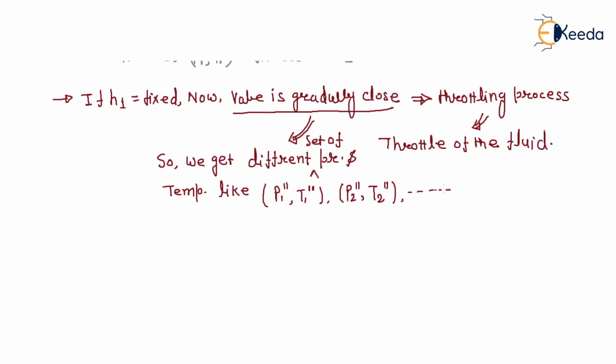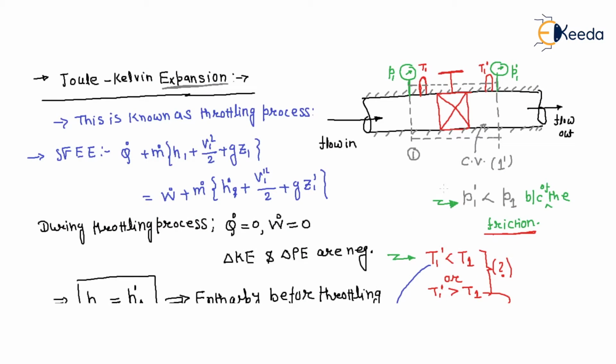So different sets. What have you done? You are flowing the fluid, you measure P1 and T1, and corresponding to that you put the value of H1, right?